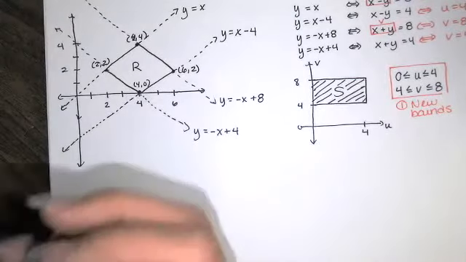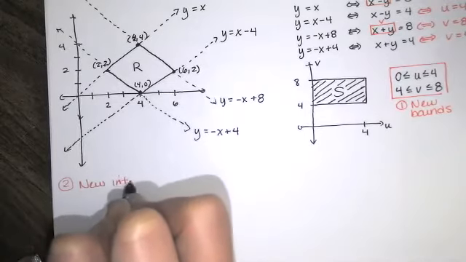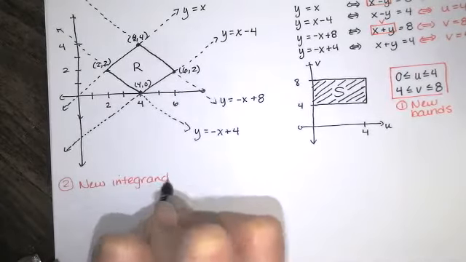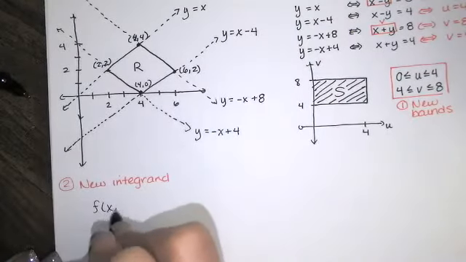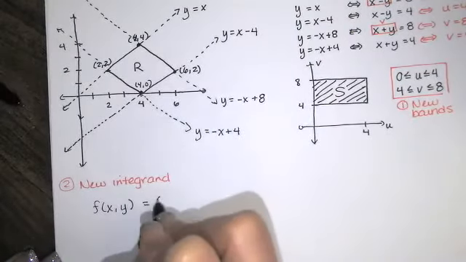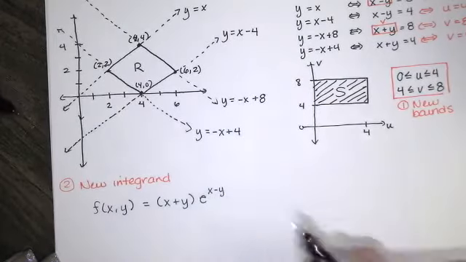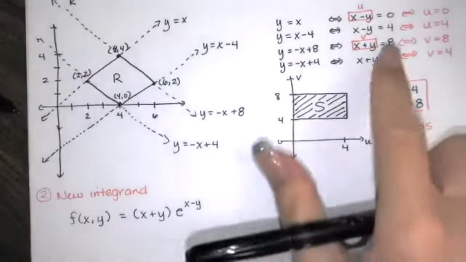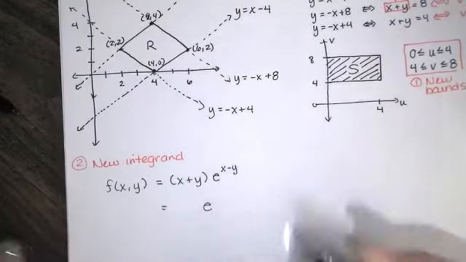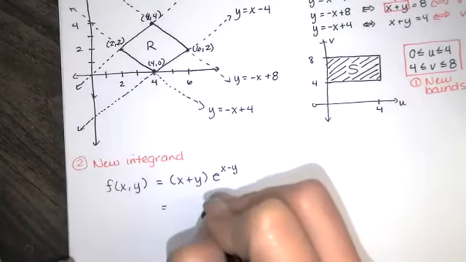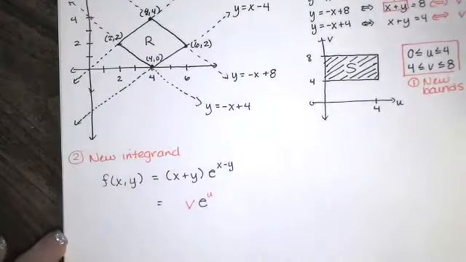Okay, now we need the new integrand. And the integrand of the original function may have given us a tip of what we should use for our u and v. F of xy was x plus y times e to the x minus y. Well, remember what we chose for u and v. U was x minus y, so that's e to the u. And v was x plus y, so that's a v.